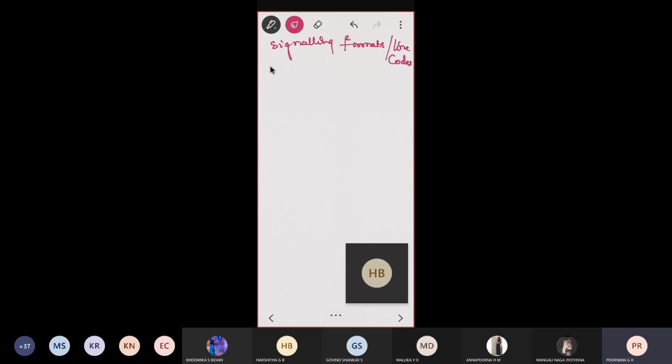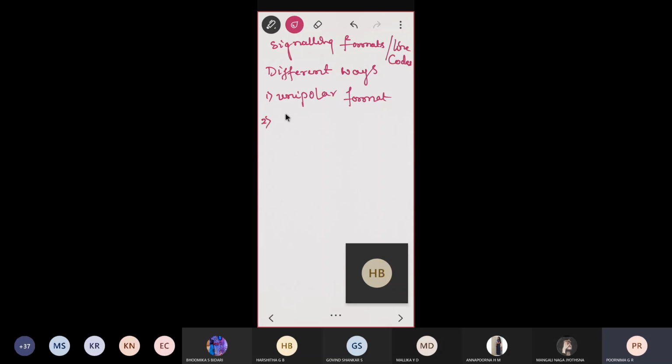There are many different ways these signaling formats can be derived from digital data. You have to derive these signaling formats from discrete data. The different signaling formats include the unipolar format. I'll explain what this unipolar format or bipolar format is.